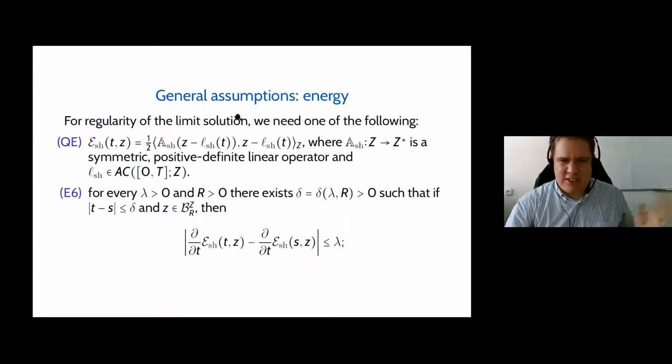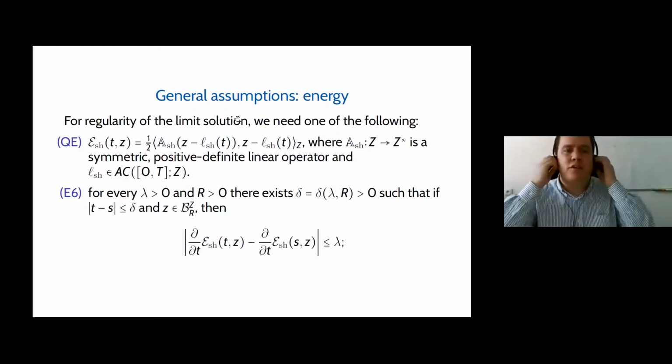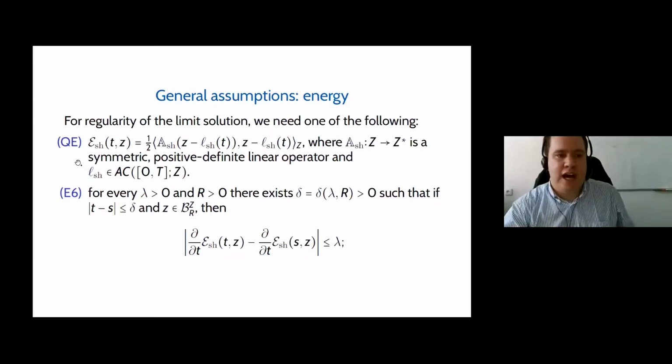Again, if you want also for the regularity of the solution, you can also either require the quadraticity that gives all the ones before, or some additional conditions. I won't go into detail. It's usually something very, very mild, and some local estimate on the time derivative of the energy.